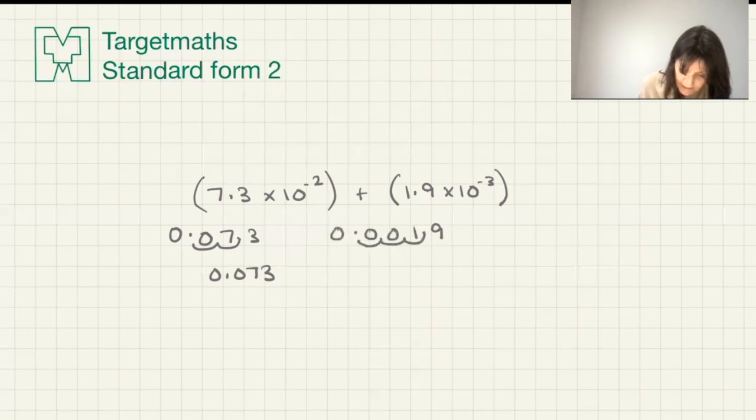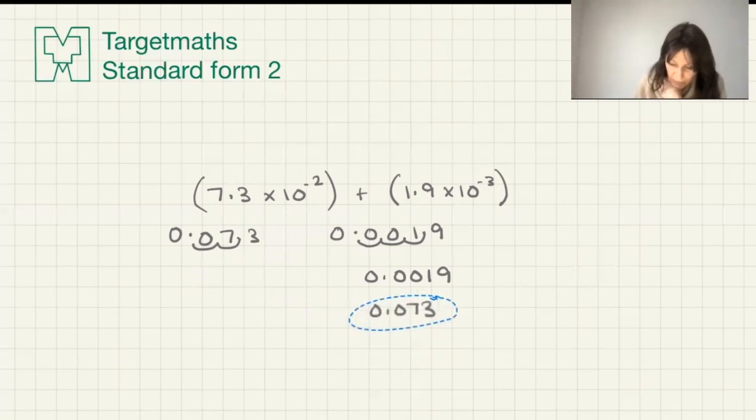So I've got 0.0019. Now I've just got to make sure that when we go to add these, we line our decimal points up properly. So it's our decimal points that line up and not our numbers. So if I was over here with this, I'd be going completely wrong. So we just line those up there.